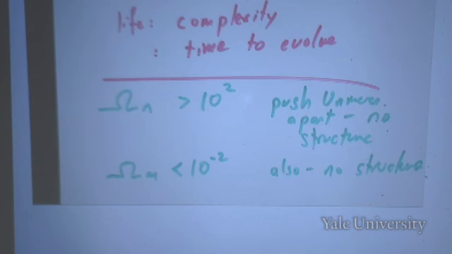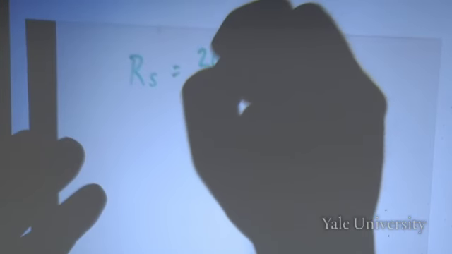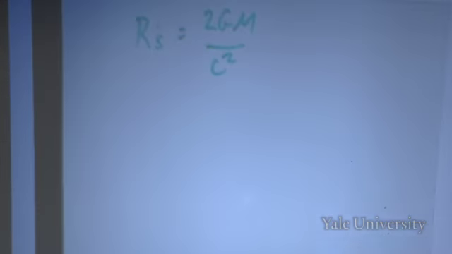This turns out to be true of most of the constants of nature. For example, here's another example, the Schwarzschild radius. Remember the Schwarzschild radius, the event horizon of a black hole, given by 2GM over c squared.